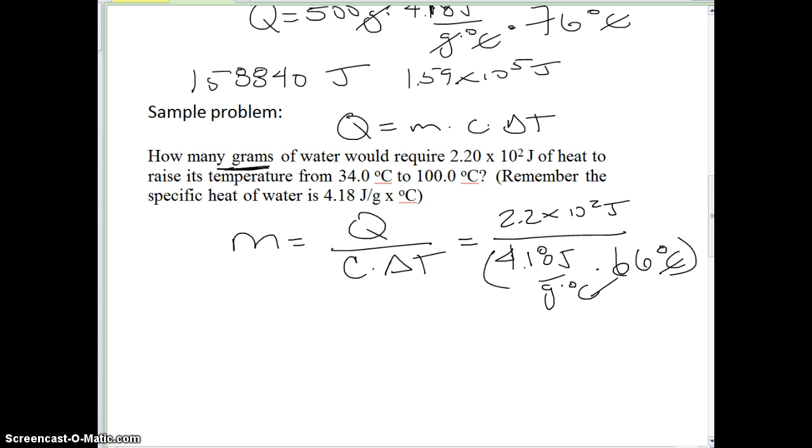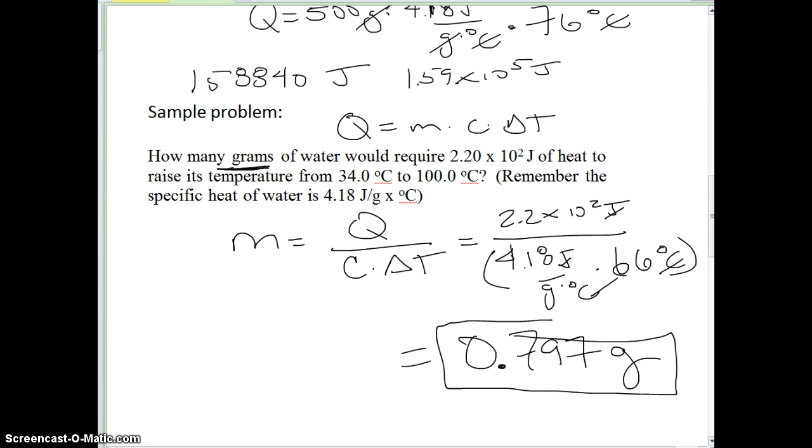Celsius cancels, joules cancels, and we're left with the answer in grams. Let's get this punched through our calculator here. The answer I get is actually a relatively small number, 0.797. So not a whole lot of water is being heated up by the addition of really only 220 joules, 2.2 times 10 to the second.